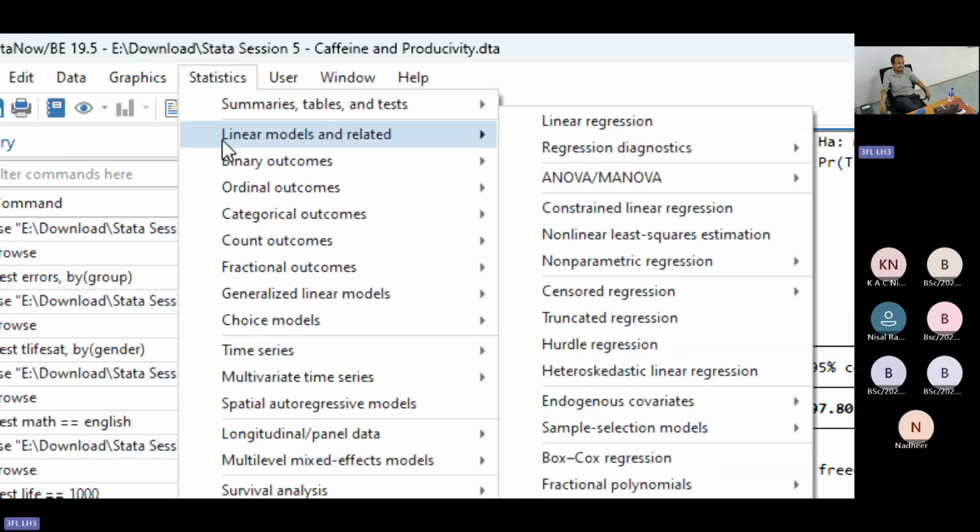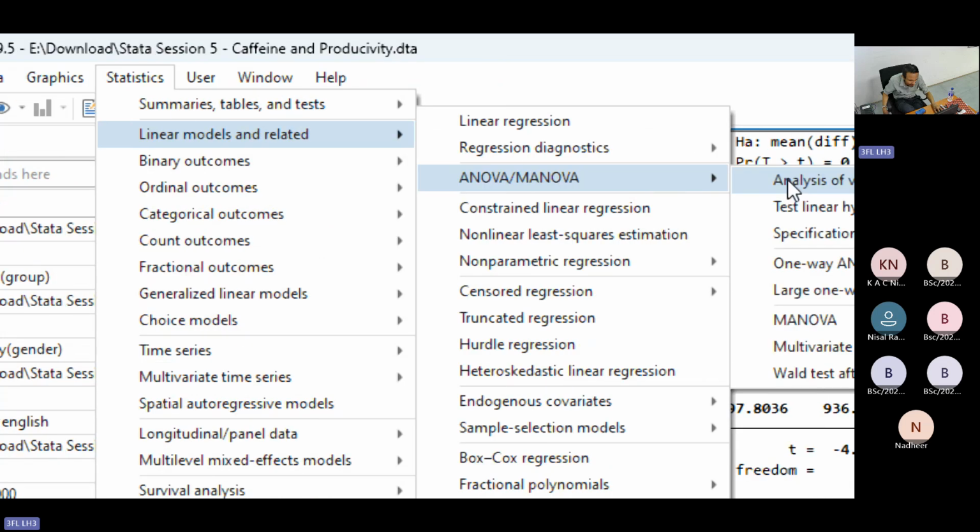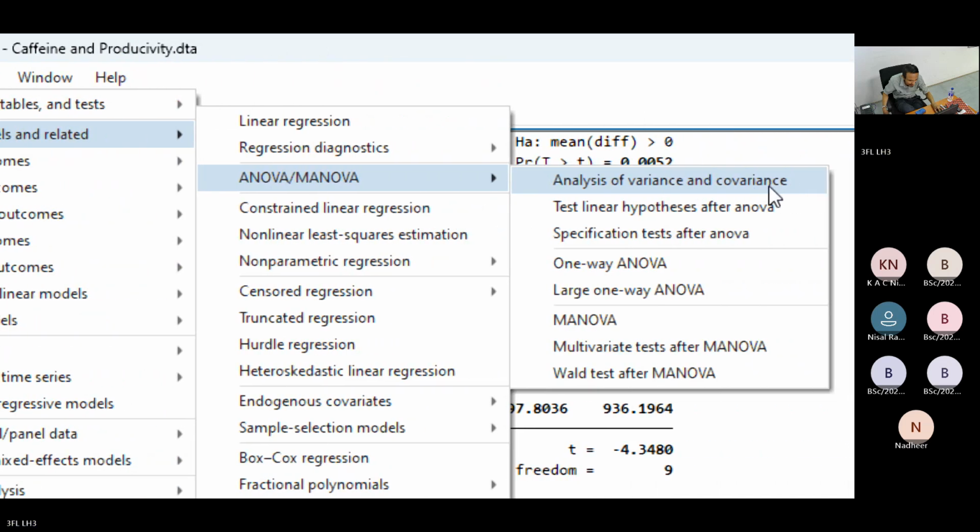Go to the second one. This is step number 3. Statistics, linear models and related, ANOVA, MANOVA. Then go to one way.